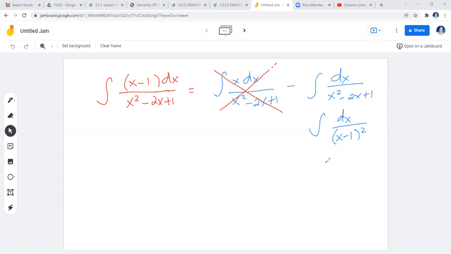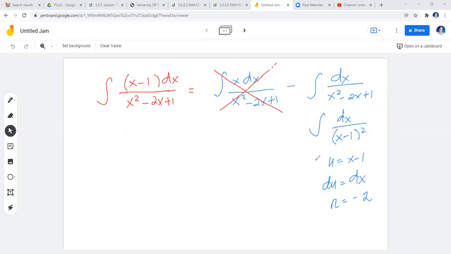And if your u is x minus 1, the du is dx. Your n, if you use the power rule, will be negative 2. So that tells you that this part is integrable.